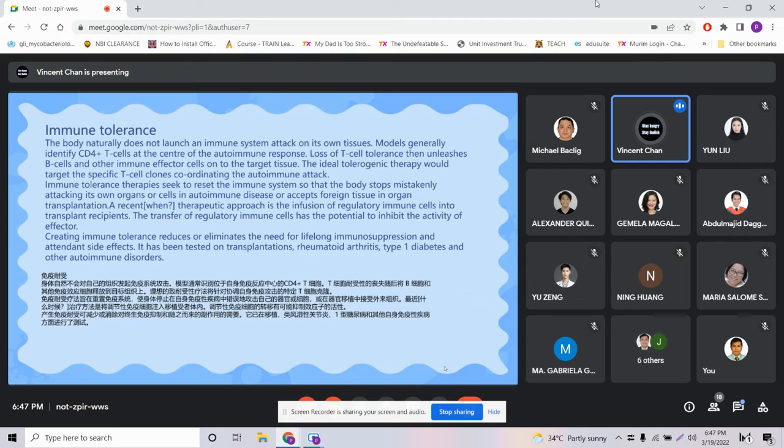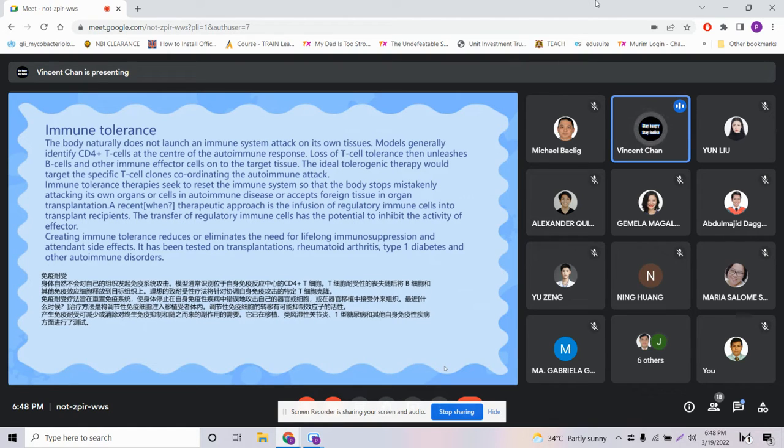A recent therapeutic approach is the infusion of regulatory immune cells into transplant recipients. The transfer of regulatory immune cells has the potential to inhibit the activity of the effector cells.